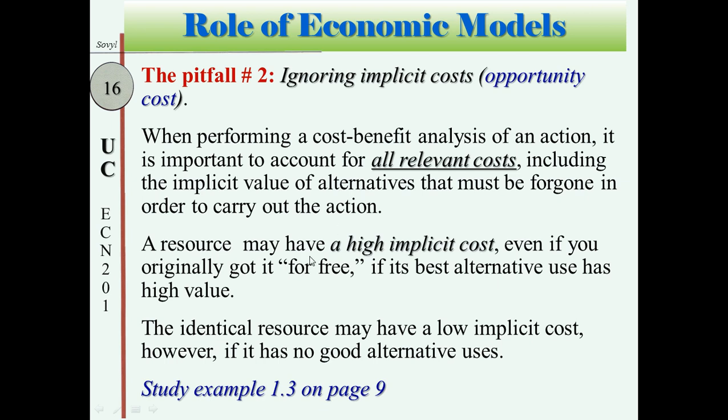A resource may have a high implicit cost or object cost even if you originally got it for free. If you got one product or one thing for free, why is it a higher object cost? Let's say rich people provide food or buy something for all of you for free, but normally they do not provide it immediately.